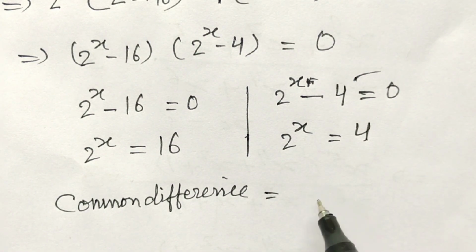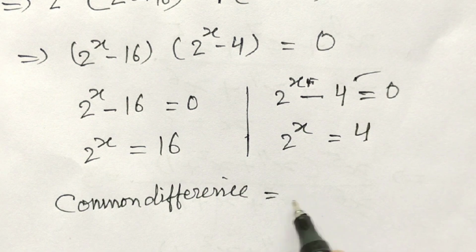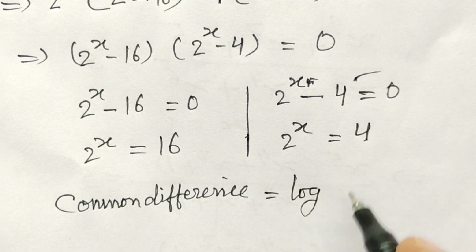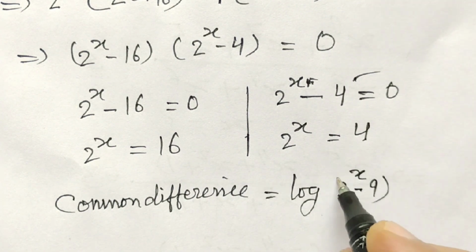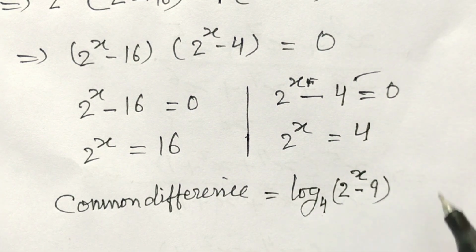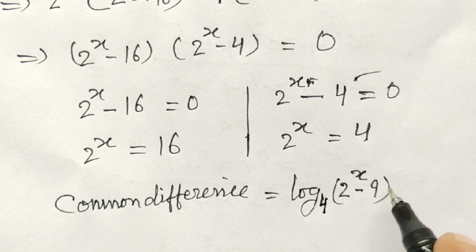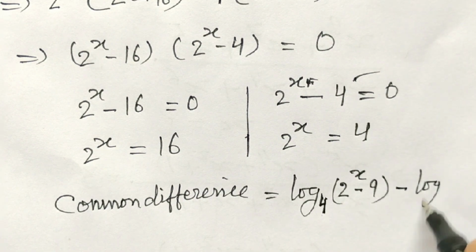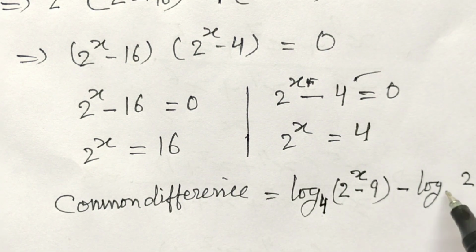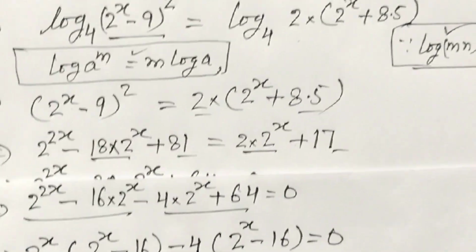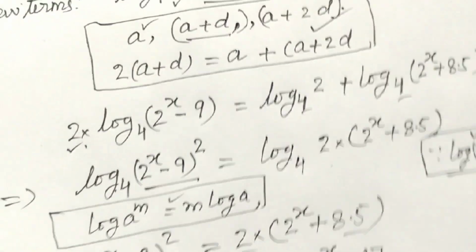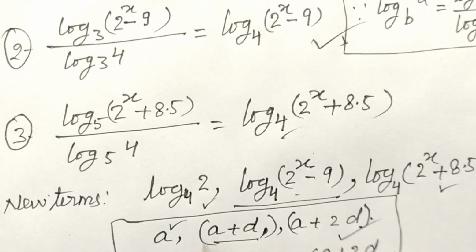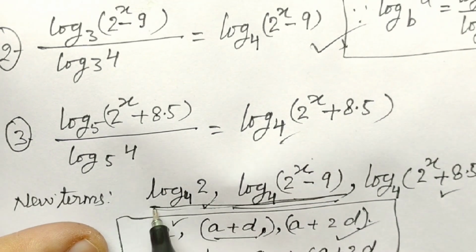So 2 to the power x is equal to 16, and here 2 to the power x is equal to 4. So the common difference will be log of the second term, log of 2 to the power x minus 9 to the base 4, minus log of 2 to the base 4, because these two terms are new.